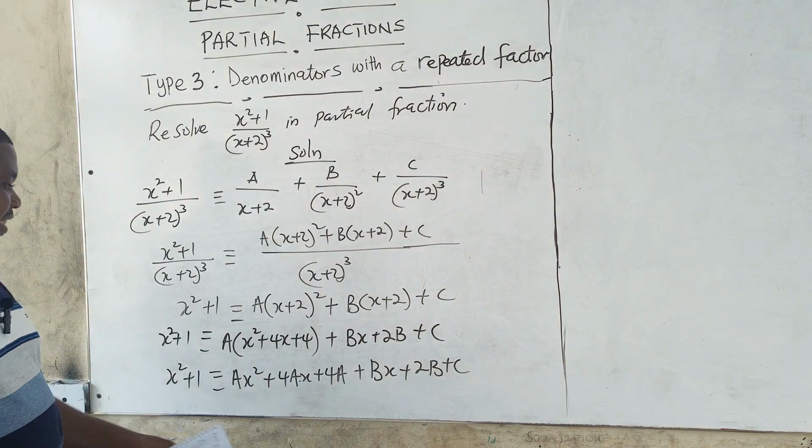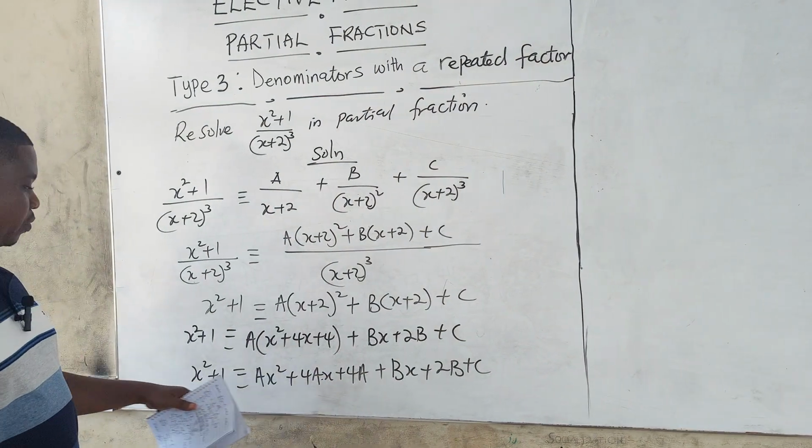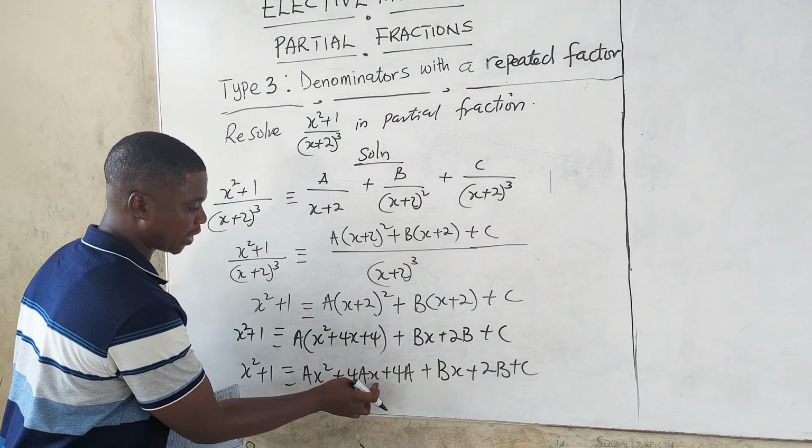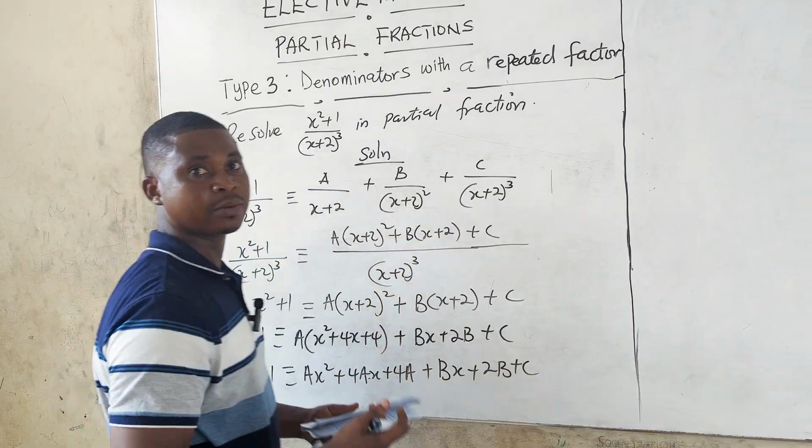So having gotten that, now we can group the like terms because some of them, this one has x, this one has x, so we can bring them together.